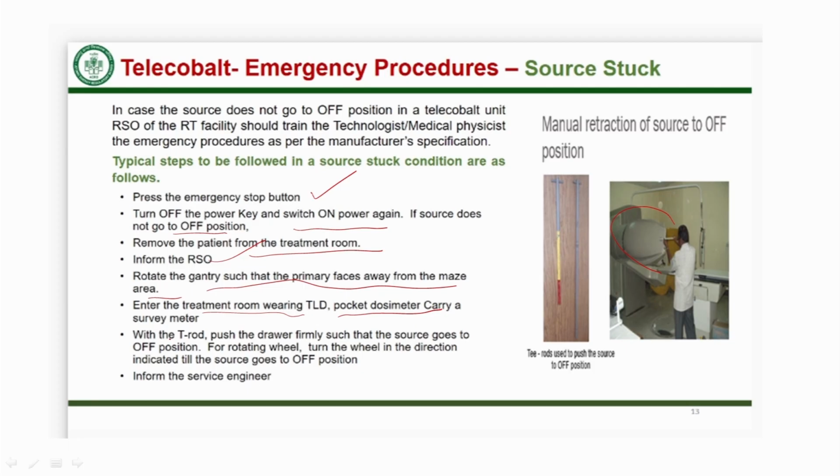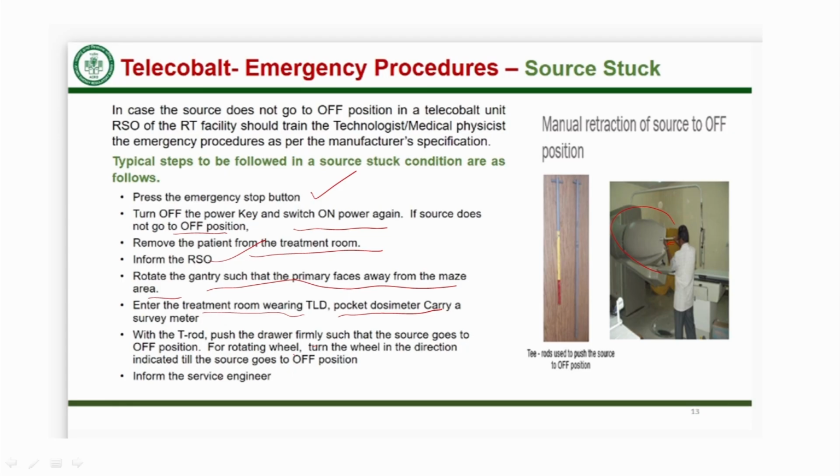Then the T-rod is the device which is used to pull back the source which is out of the shield back to the safe position. With the T-rod, push the drawer firmly. You can see the person with a T-rod in his hand. The source goes to the off position. For a rotating wheel, turn the wheel in the direction indicated, and the source goes to the off position.